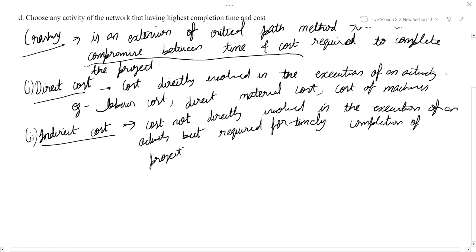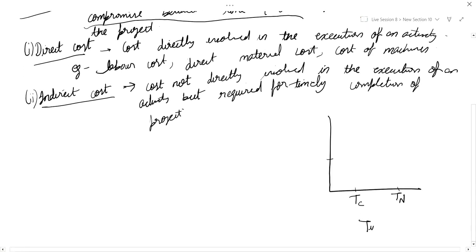Now, if we draw the graph, suppose this is the crash time, this is the normal time. Let us take this as the time axis, and the next axis is the direct cost. Let's take this as normal cost and crash cost.